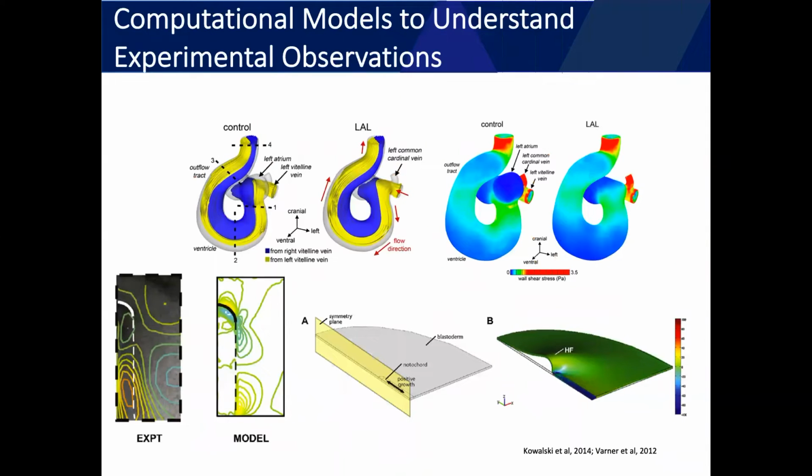So computational models provide a powerful tool for understanding and interrogating biological events. And shown here are whole organ and tissue scale. So this top one is for that left atrial ligation that will produce the single ventricle defect. And we can see both the control and the LEL.